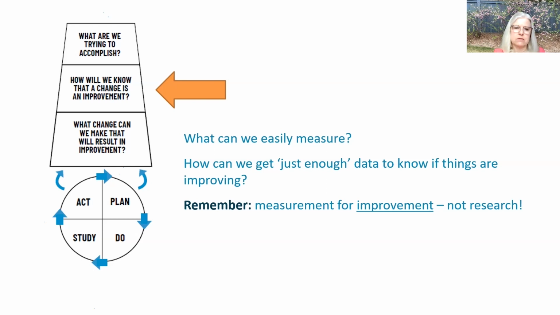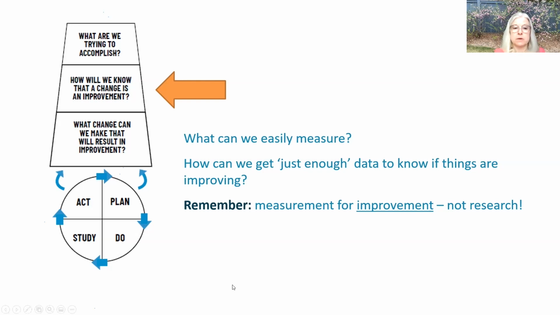And the other really important thing about measurement is you want to get just enough data to know if things are improving, but you don't want a complicated, time-consuming way to measure. Remember that this measurement is for improvement. It's not research. It doesn't have to be 100% accurate. It just needs to be good enough to give you a picture of what's going on.